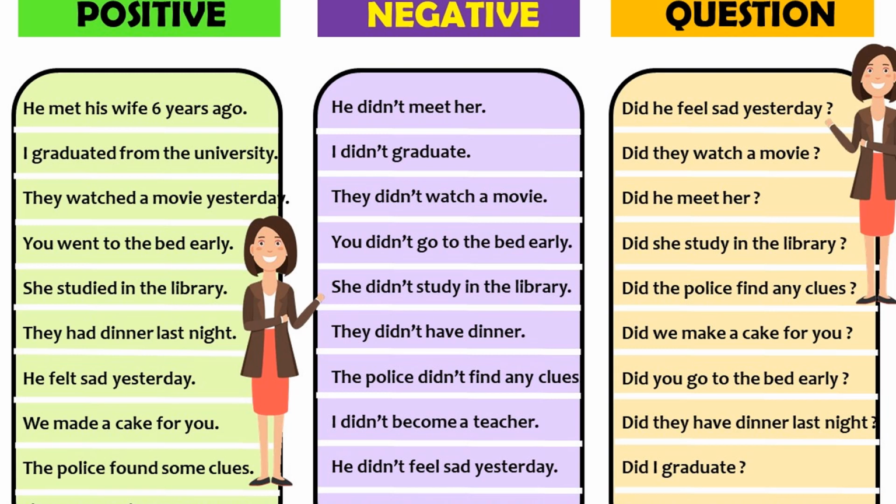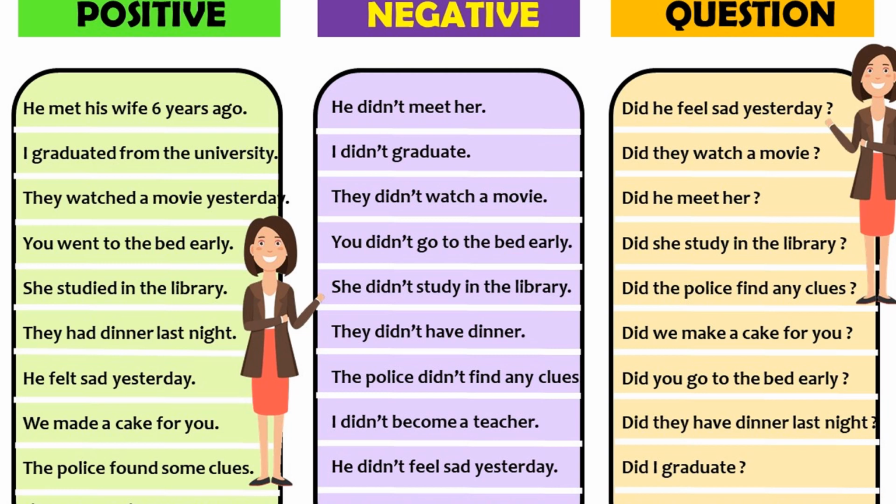Positive sentence structure. If it is in the positive way, it is: he met his wife 6 years ago. Now, if we have to put this into a negative sentence, it would be: he didn't meet her. The same thing, if we have to put it into an interrogative sentence, it would be: did he meet her?